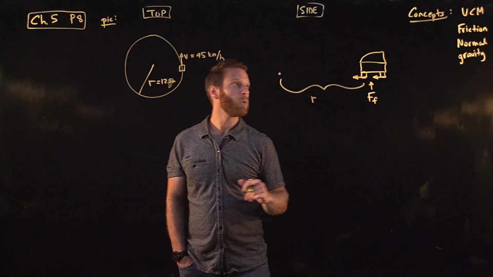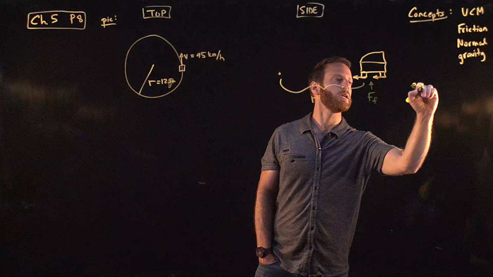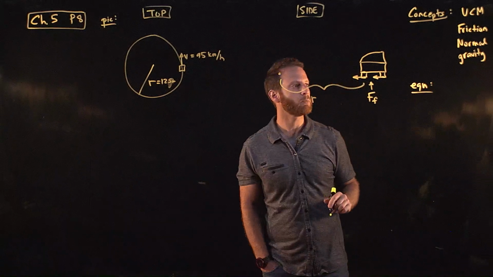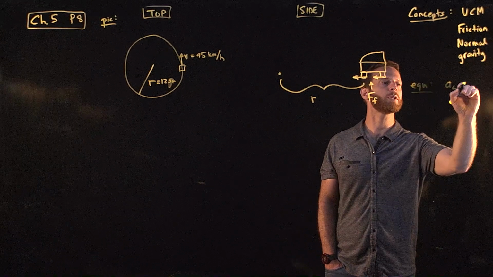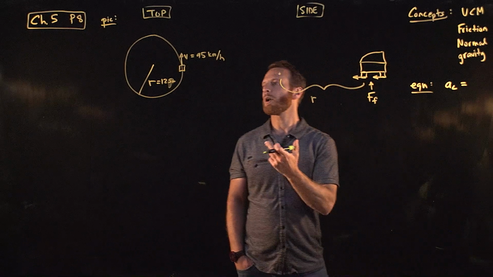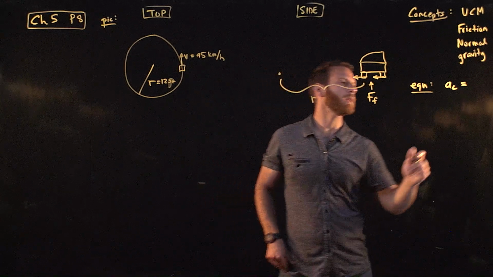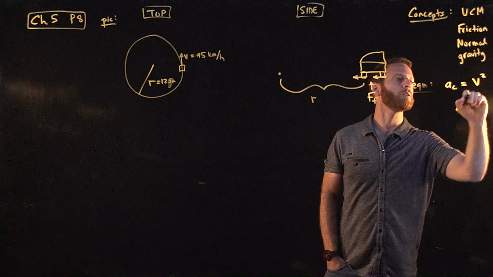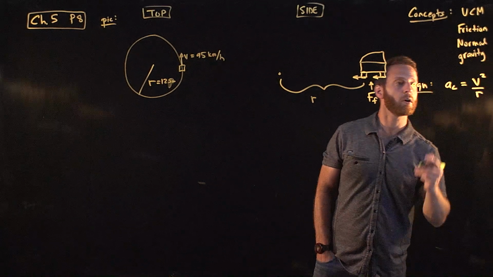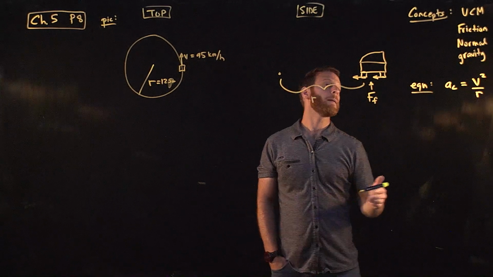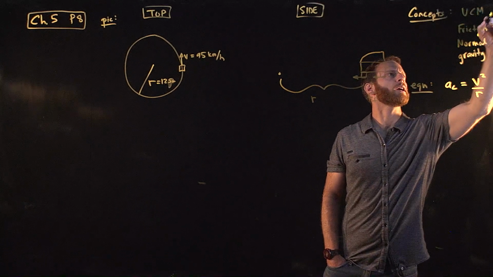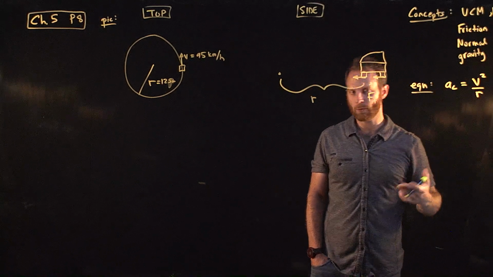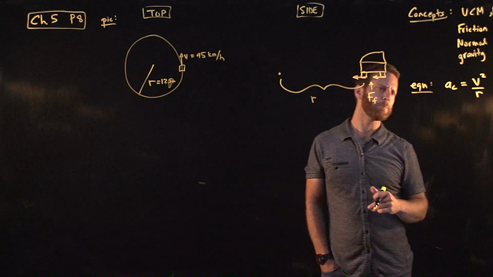Okay, so equation-wise, in the context of uniform circular motion, the main one is the centripetal acceleration equation, which relates the two quantities that you have, a velocity and a radius. So speed squared over r, that's the centripetal acceleration. We also have Newton's second law. Of course, whenever you have forces, you're probably dealing with Newton's second law.